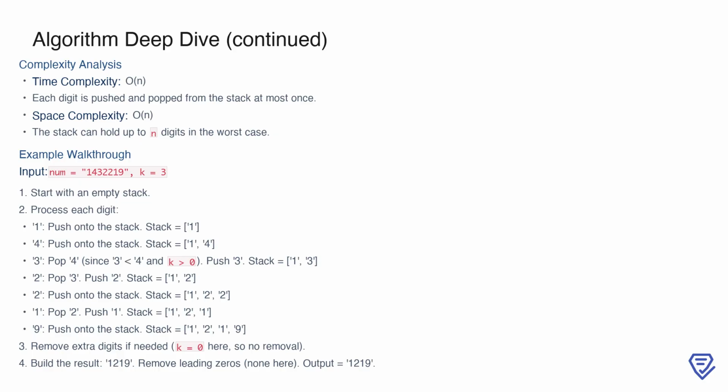The remaining digits are added or removed based on their value and the remaining k. After processing all digits, the stack contains 1219. Since no extra digits need to be removed, we directly convert the stack into the result, yielding 1219. This walkthrough demonstrates how the algorithm efficiently handles digit removal to produce the smallest possible number.